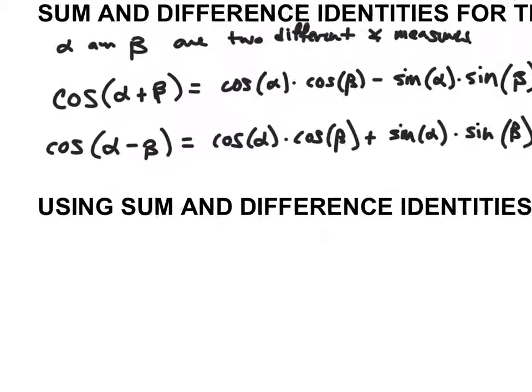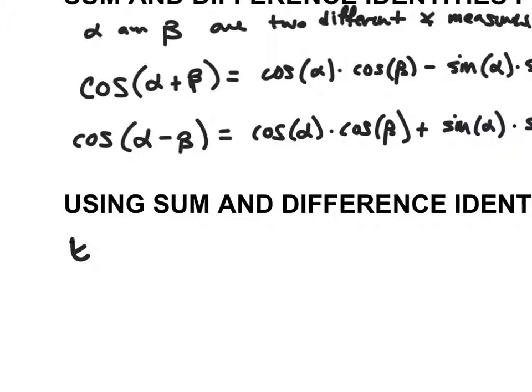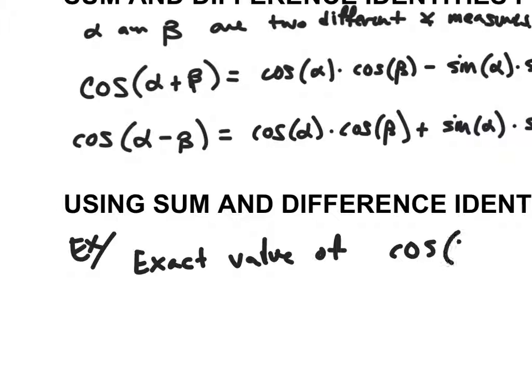So in our example, we want to find the exact value of cosine of 75 degrees, okay? Now, you look at this and you're like, well, I have absolutely no idea, right?